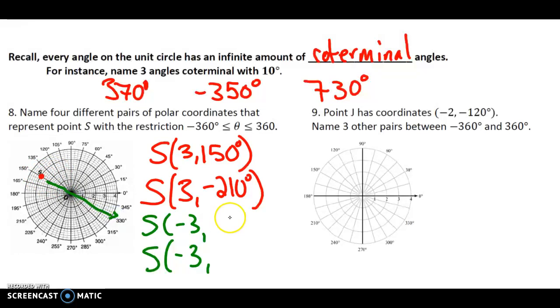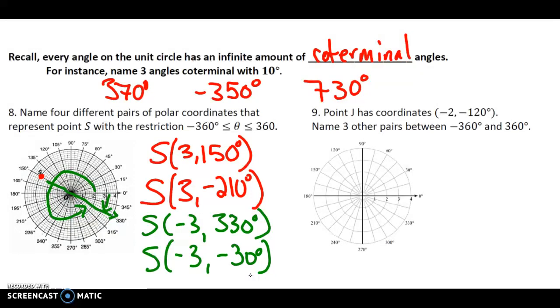That's 330. So if I counted to 330 and went backwards 3, I would get point S. That was going counterclockwise. What about clockwise? Clockwise, it goes negative 30 degrees. What you have to do is subtract 360.